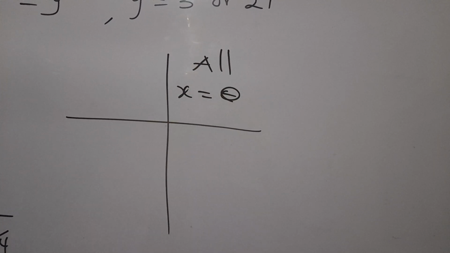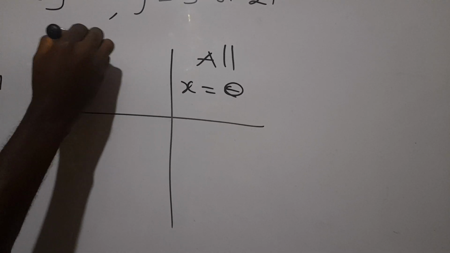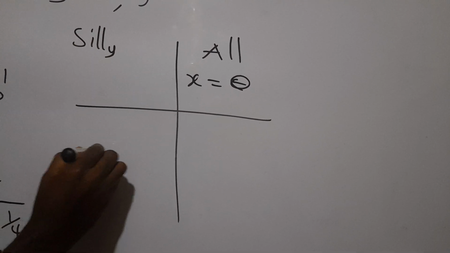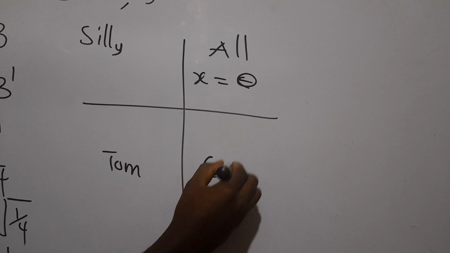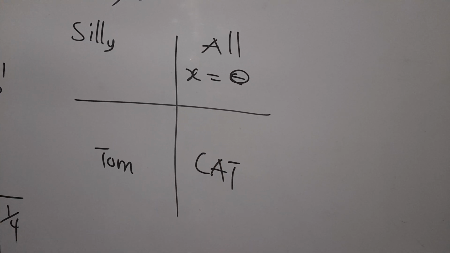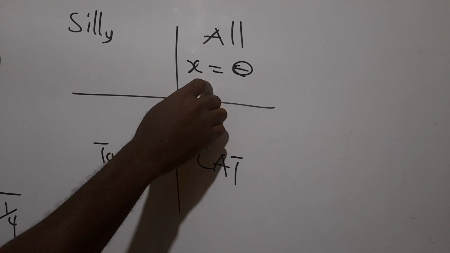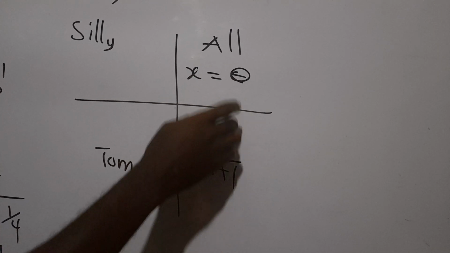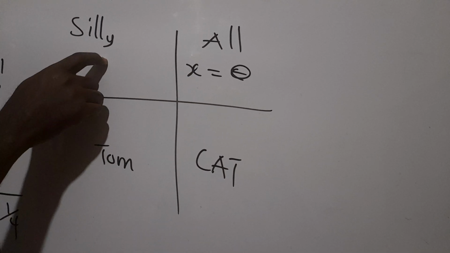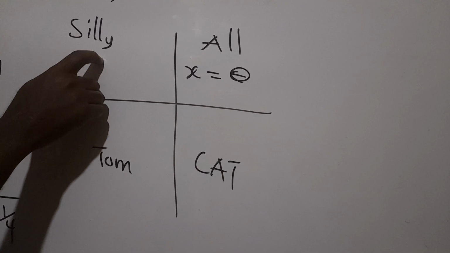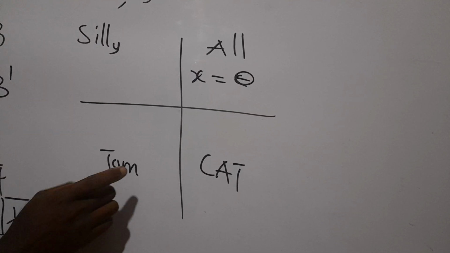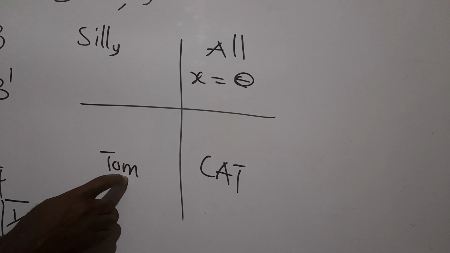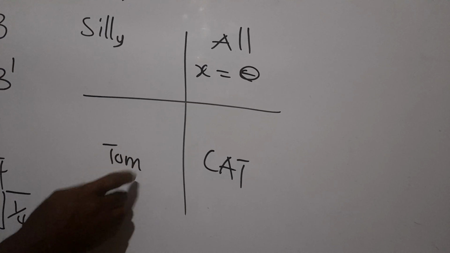And we'll use the mnemonic scheme, All Silly Toddlers Cry. What this means is that all the trig identities, that are sine, tan, and cos, are positive here. Here only sine is positive, cos and tan are negative. Here only tan is positive, cos and sine are negative.